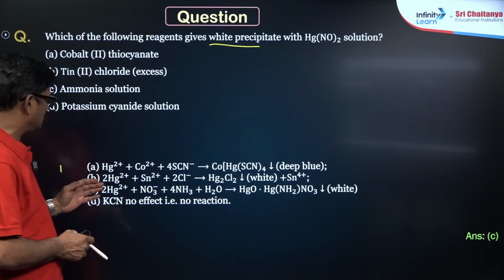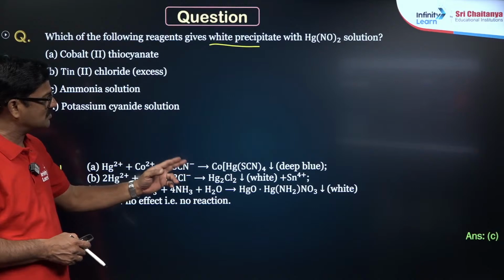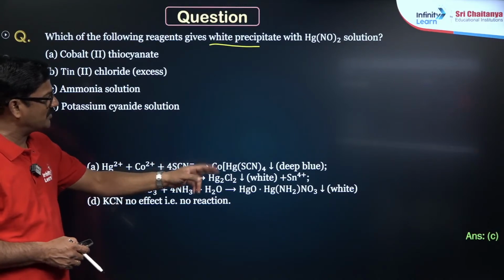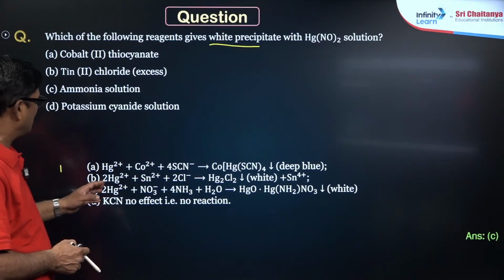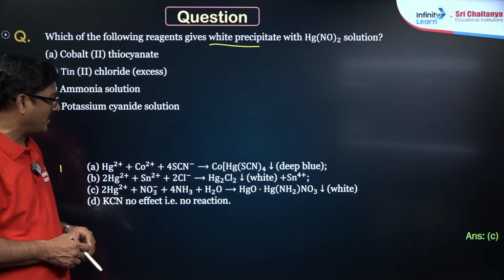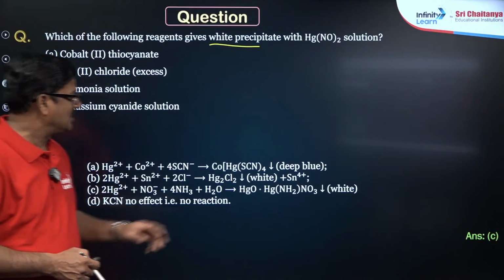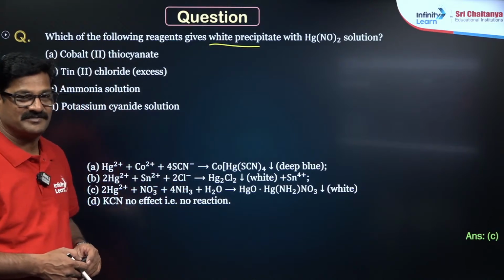Whereas Hg2+ reacting with tin chloride gives Hg2Cl2, which is going to be a white precipitate. And Hg2+ nitrate and ammonium give HgO·HgNH2NO3, which is a white precipitate.